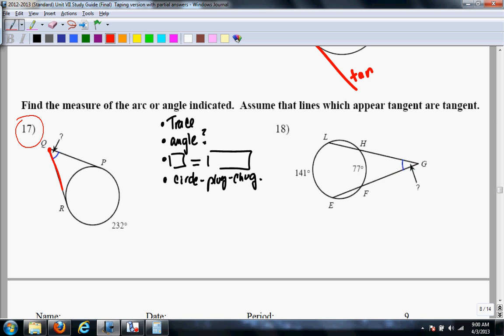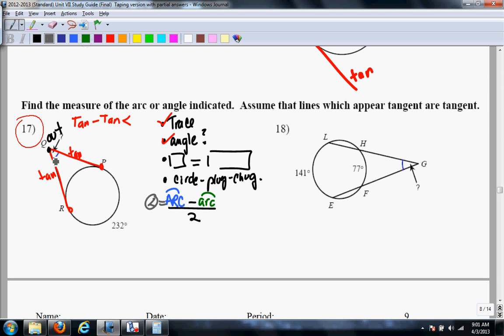First, trace it. I see here this is a tangent, and this is a tangent. So I traced it and identified it as a tan-tan. Notice the vertex is out, so I write my equation for a tan-tan angle. It is angle equals big arc minus little arc over 2. Now, very carefully, circle, plug, chug.